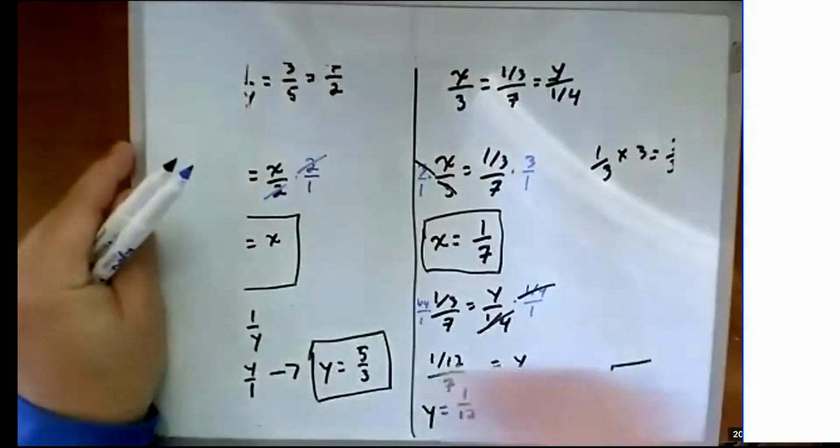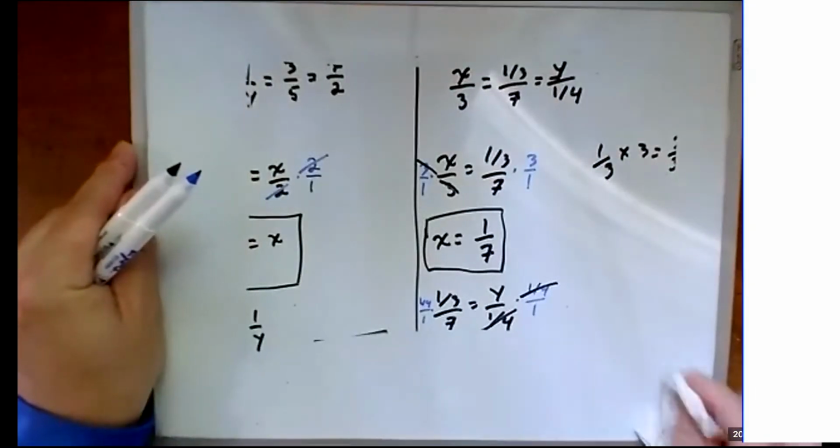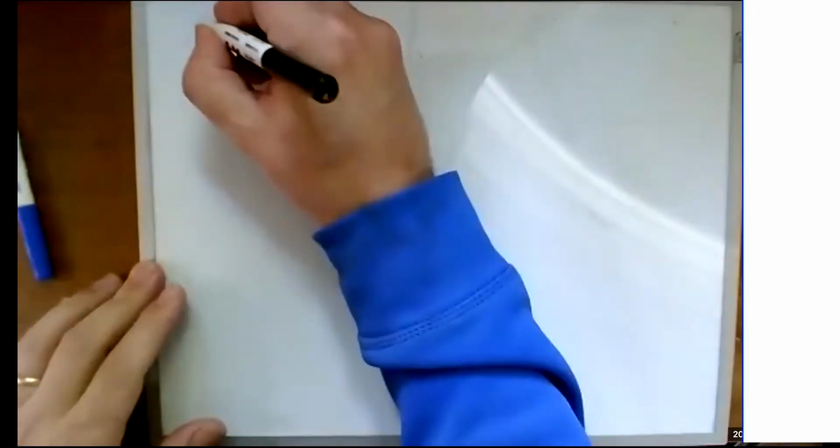I've had a request to take a look at 14C, and I always enjoy taking requests. So let's take a look at question 14C. Okay, so this is a slightly different application of ratios, but it's the same idea.